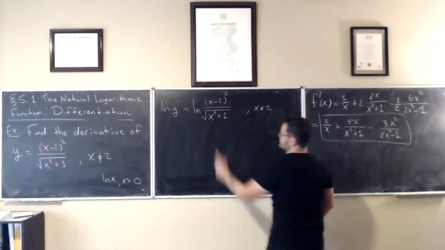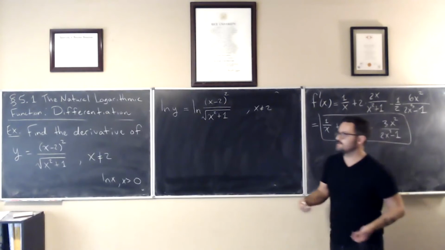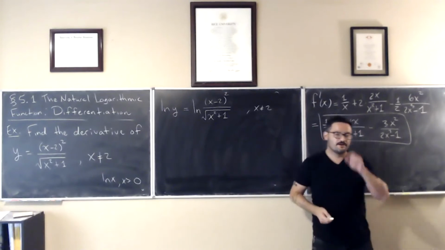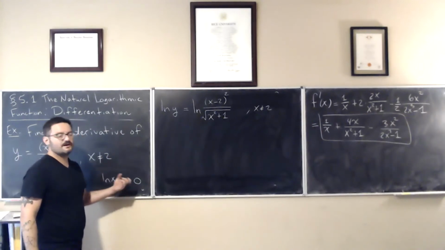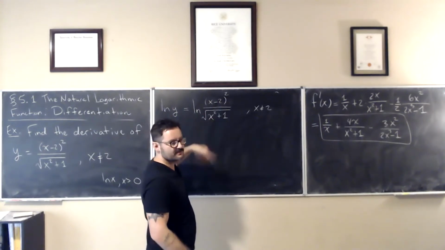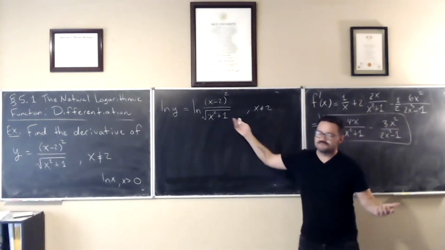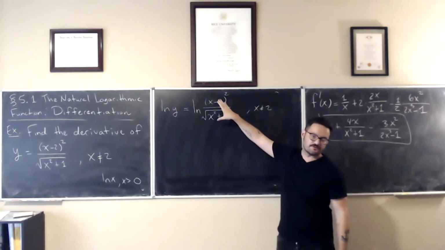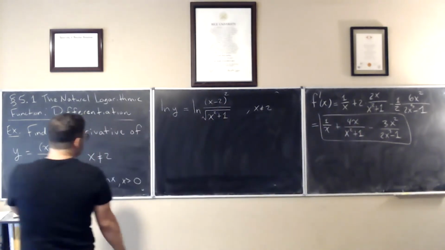If x were equal to 2, this would be equal to 0, right? And you can't evaluate the natural logarithm at 0. So this condition is actually important. Also, whatever you evaluate the natural logarithm at, the argument needs to be positive. Since you're squaring this term, that's positive, so it's going to be non-negative, right? So we can take the natural logarithm on both sides because this is always non-zero because of that, and it's always greater than 0 because you're squaring the terms. So we're allowed to take the natural log on both sides.